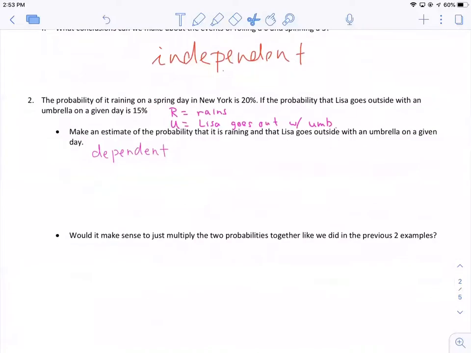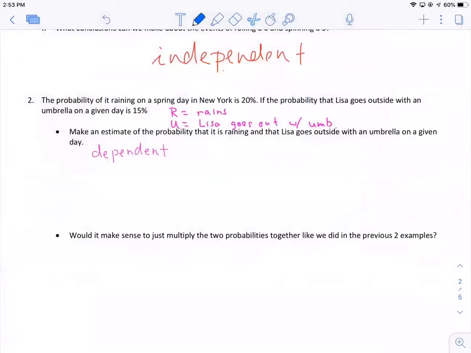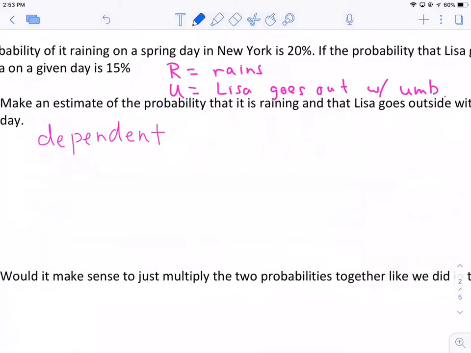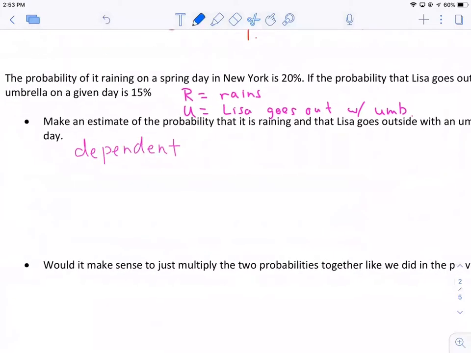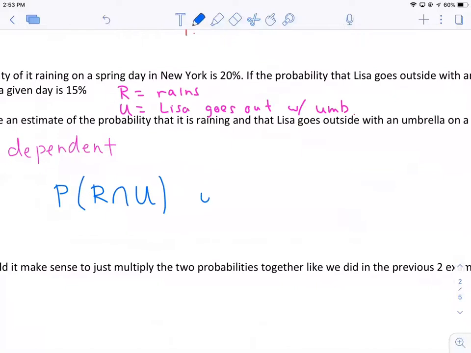So take a second, try to make a good guess about what the combined probability might be. For myself, I might guess something close to 15%. The probability of R and U should be close to 15%.